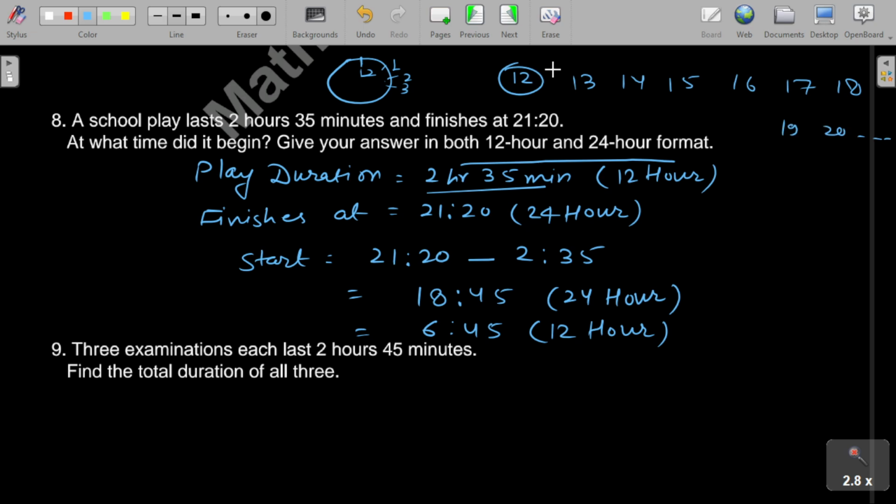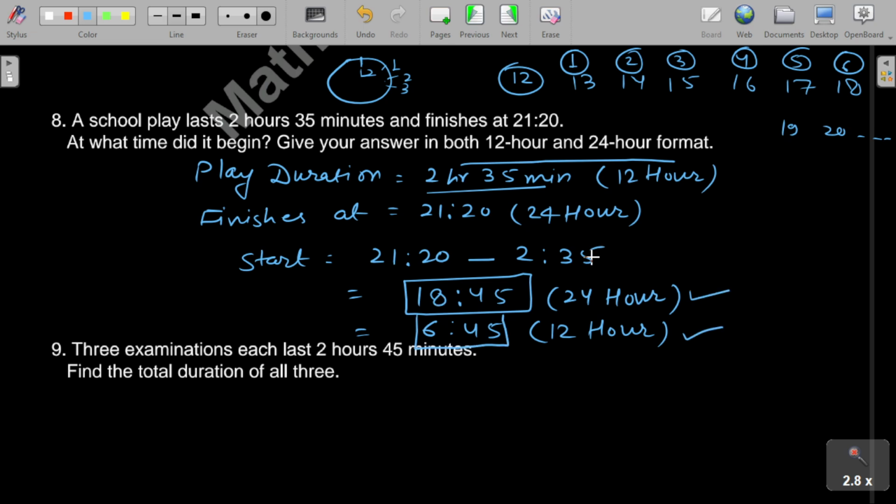So after 12 there is 1, 2, 3, 4, 5 and 6. Okay, so this is how we get 18:45, and we converted 18 into 6. So this is our 12-hour format, and this is our 24-hour format.